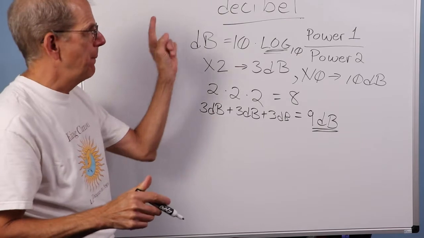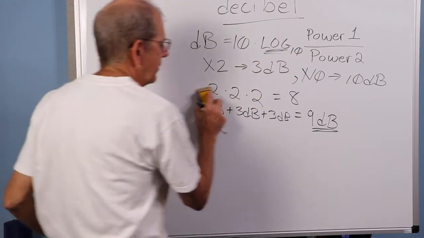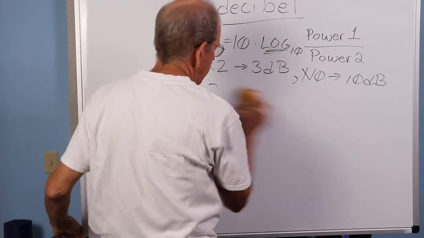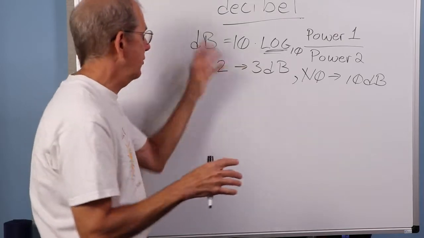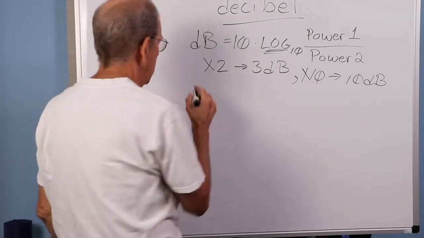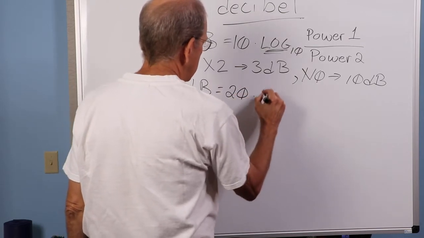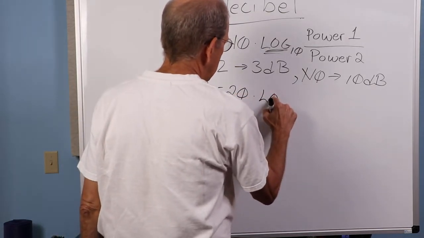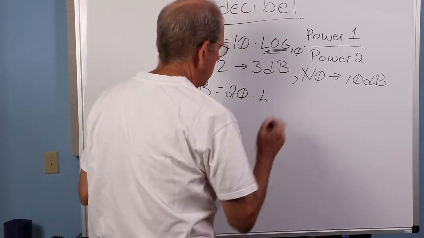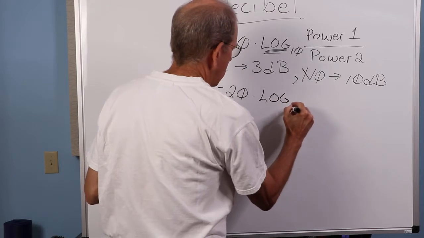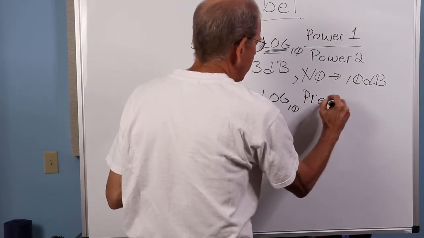So if I have, instead of powers, if we have pressures, all we have to do is modify this equation by a factor of 2. So my dB in that case would be 20 times log base 10. Instead of power 1 over power 2, it's pressure 1 over pressure 2.